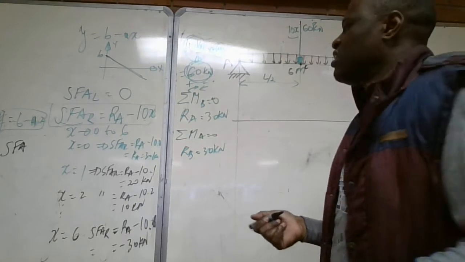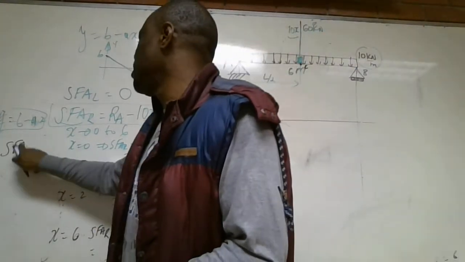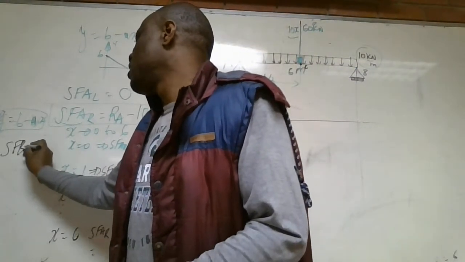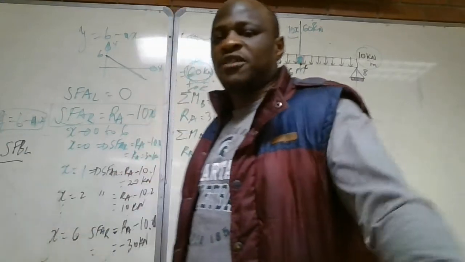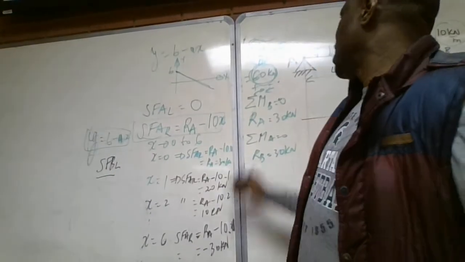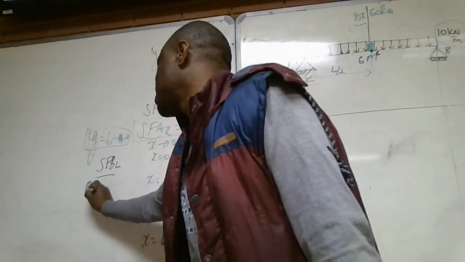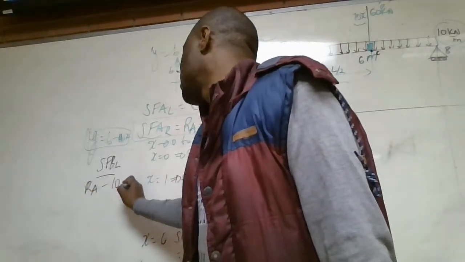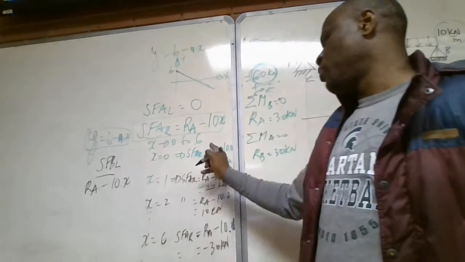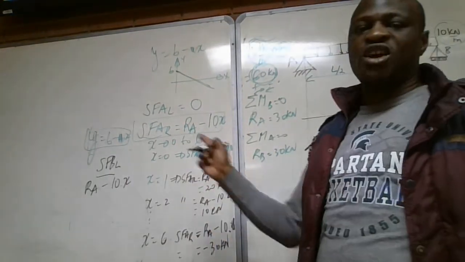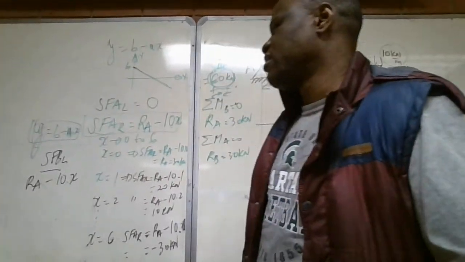Nothing will change. We can take the shear force at B left, which will be the same as at A right with the same equation, meaning the results that we plotted here are the same. It's just a confirmation of what we've done.